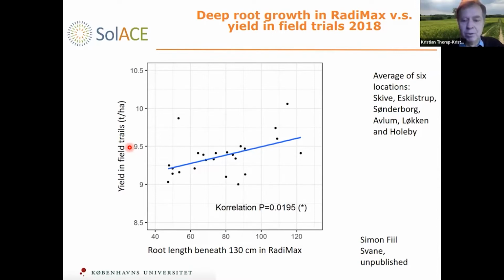He compared our root measurements in the Rhizotron facility to the yield in these farmers' field trials. And as you can see here, we got quite a nice correlation, which indicates that what we measure in this facility can help us improve resource efficiency and yield.